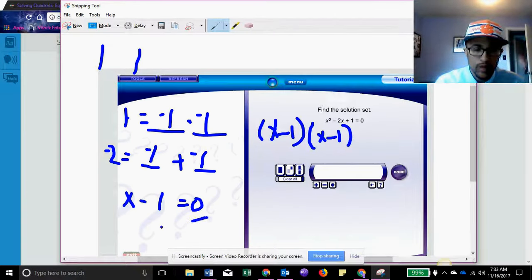Then I have to move that 1 over by adding it. So plus 1. 0 plus 1 is 1. So x is equal to 1. And we're good to go because it's the same thing.